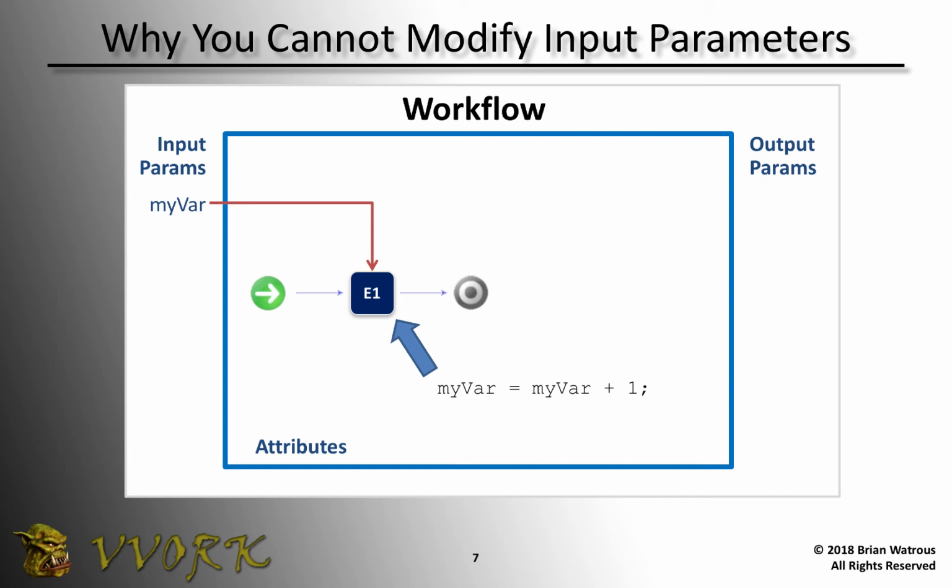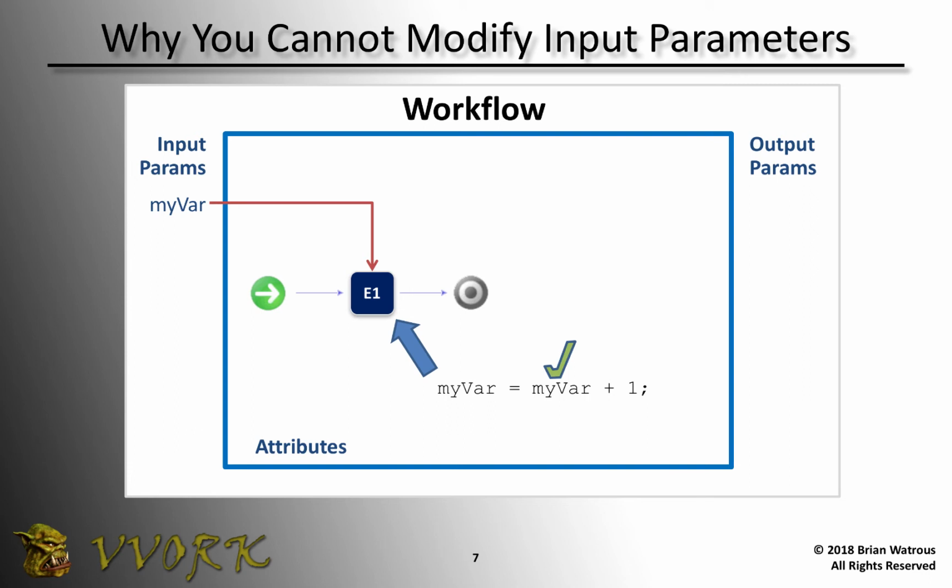But when you do the trickery that we've illustrated with the red line, when you create a binding from that input parameter called myvar to the local variable in E1 called myvar, then we can potentially run code such as what you see illustrated on the screen here. And this code will work in part. For instance, everything on the right side of the equal sign will work. Notice we're trying to say myvar plus 1.